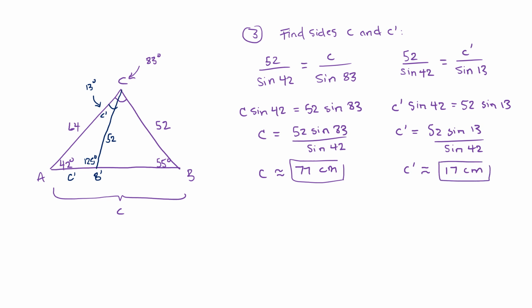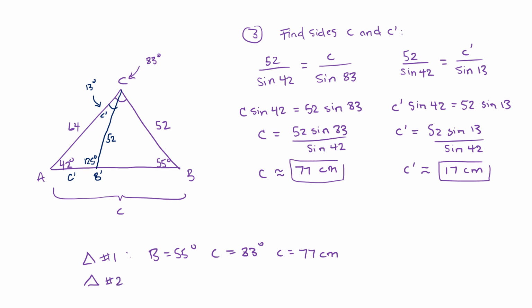Okay? And so now we have all of our missing parts. So triangle, that does not look like a triangle, so I will rewrite that one. All right, triangle number 1 is going to have the missing parts B, which is 55 degrees, C, which is 83 degrees, and the side length C, which came out to be 77 centimeters.